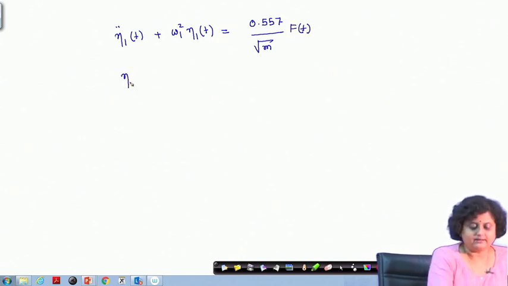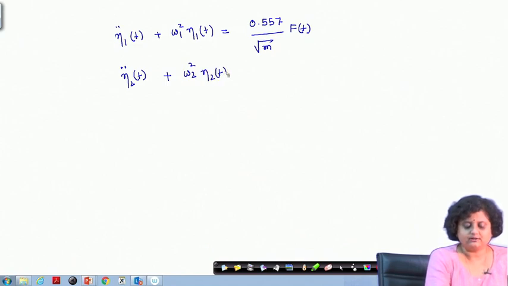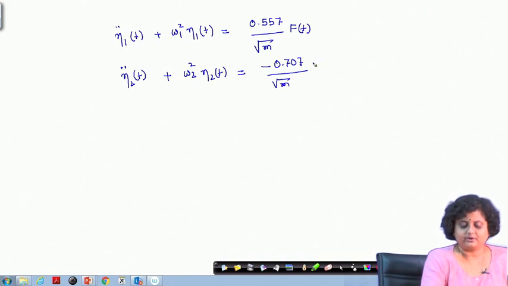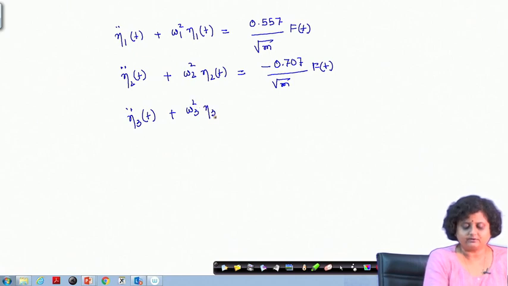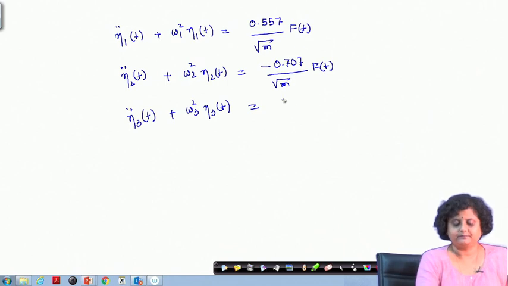And then eta 2 double dot t plus omega 2 square eta 2 t is going to be minus 0.707 root over m into f t, and then eta 3 double dot t plus omega 3 square eta 3 t is 0.435 by root over m into f t.